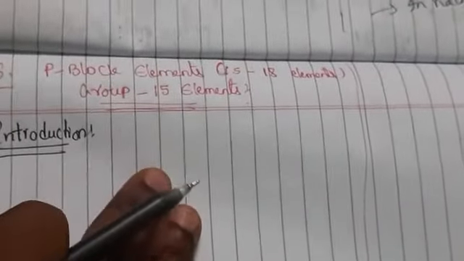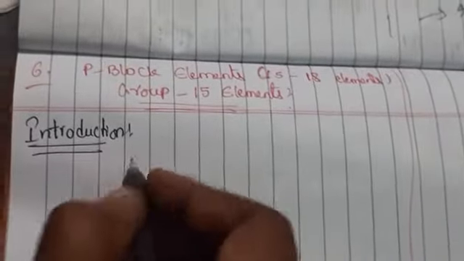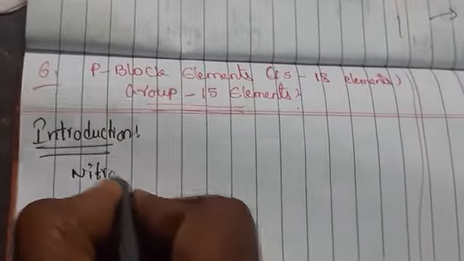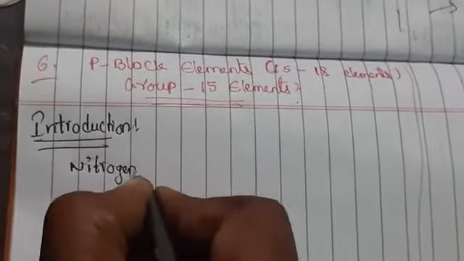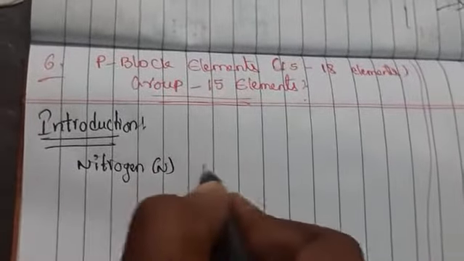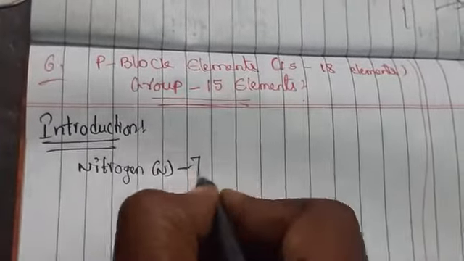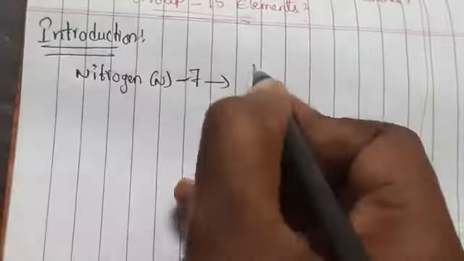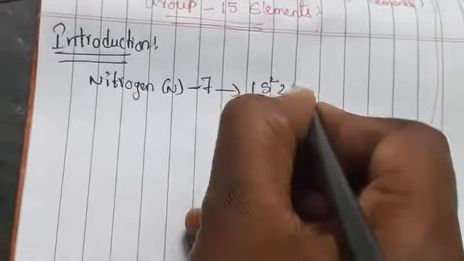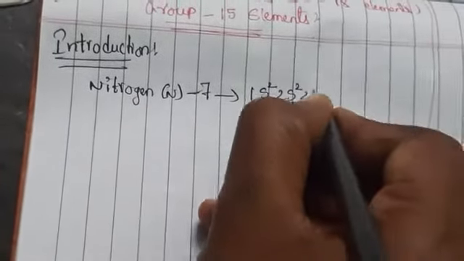So here the elements we are going to have are nitrogen, symbol N, atomic number 7. What is its electronic configuration? 1s2, 2s2, 2p3.